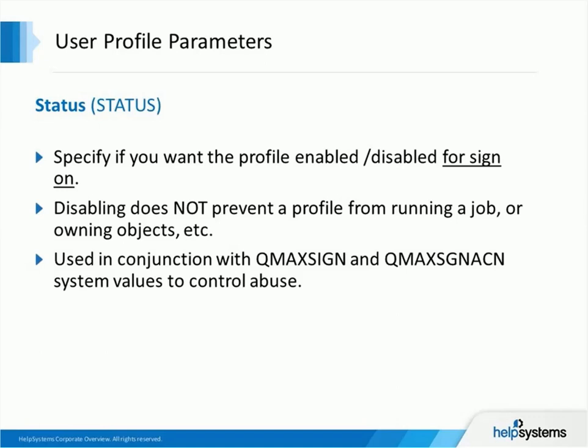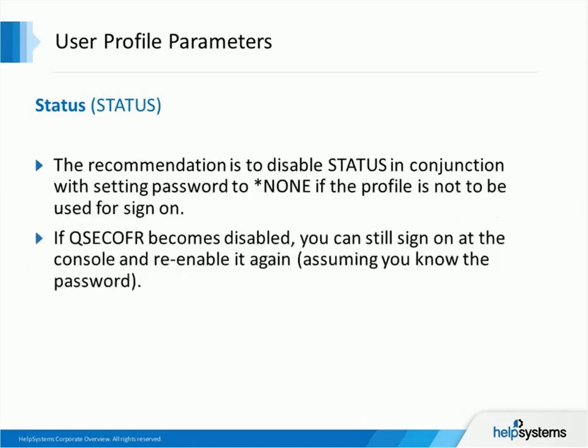Now, the status can be manually manipulated using the create and change user profile, but most typically it is set in conjunction with the two system values that control how many attempts the user is given to sign onto the system. QMAXSIGN, and then its sister, the QMAXSGNACN, indicates how many tries are allowed, where incorrect credentials are provided, and what action should be taken afterwards.